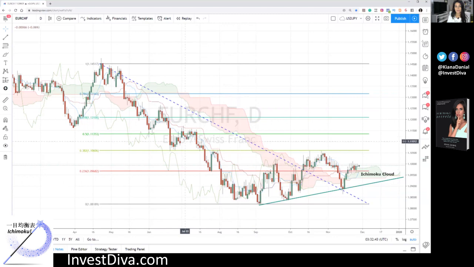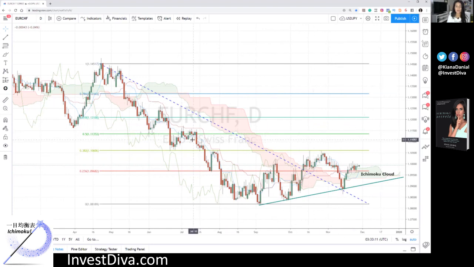What does that mean? The quote currency is the Swiss franc and it's quoted second. So for euro Swissy to go higher, we need the Swiss franc to get weaker, right? If the Swiss franc gets weaker, then we will get a higher bullish momentum. Of course, if euro itself gets stronger, that would be awesome too. It will help with the overall euro Swissy bullish momentum.